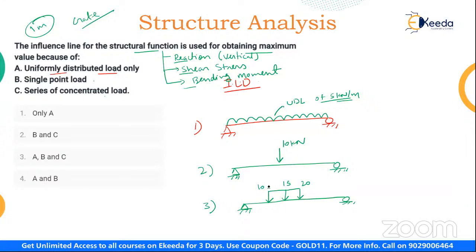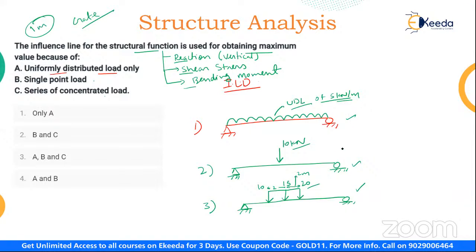This distance is 2 meter, and this distance is again 2 meter, right? So these are the three different types of loadings we can have: uniformly distributed load, single point load, and series of point loads.